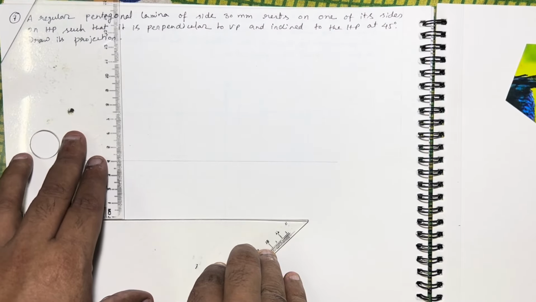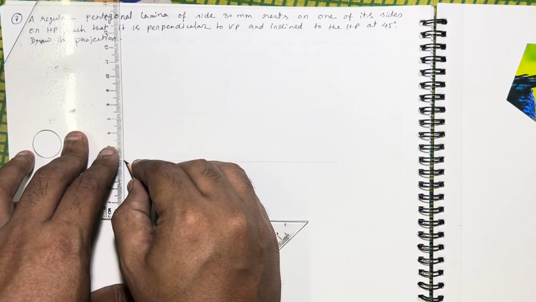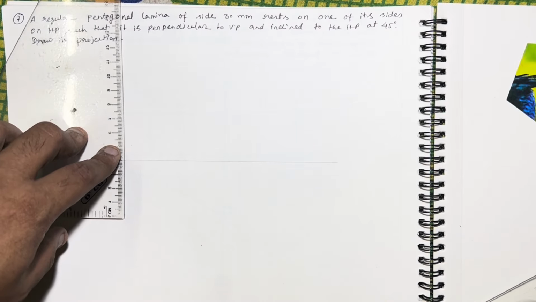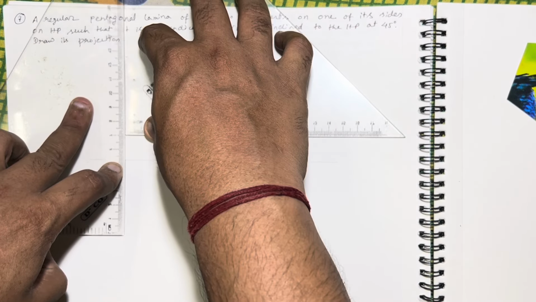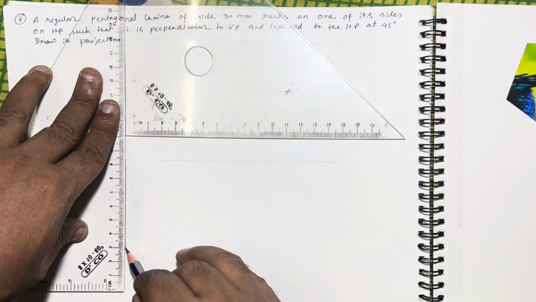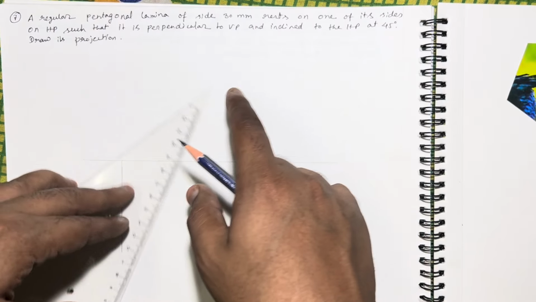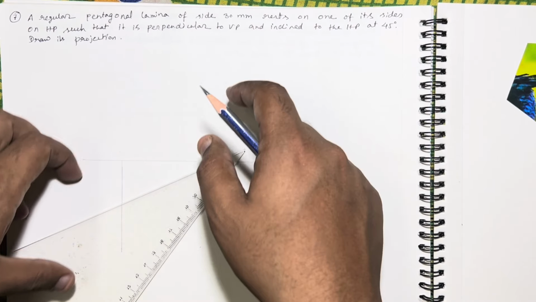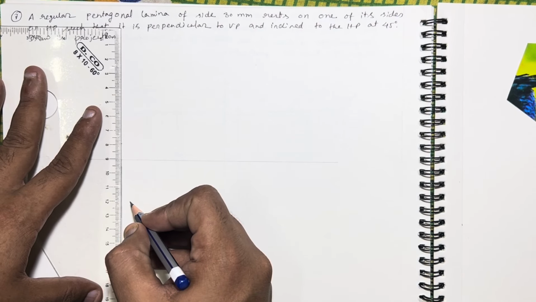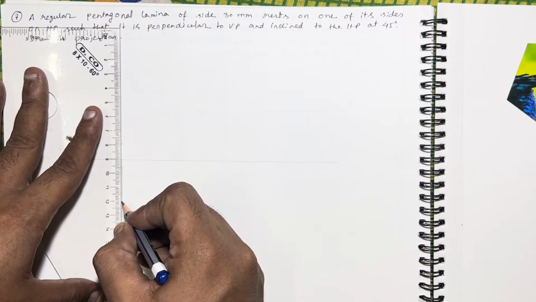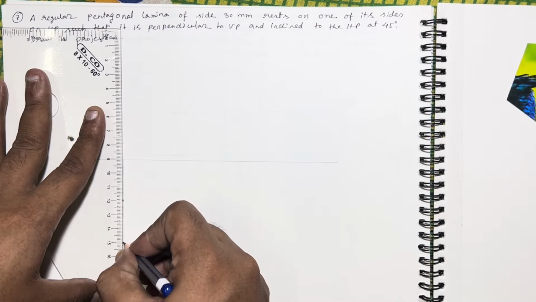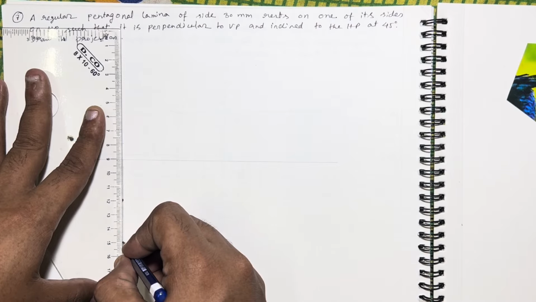So this is one vertical line. The side is how much? 30 mm. Okay, we measure 30 mm. This is 30 mm.